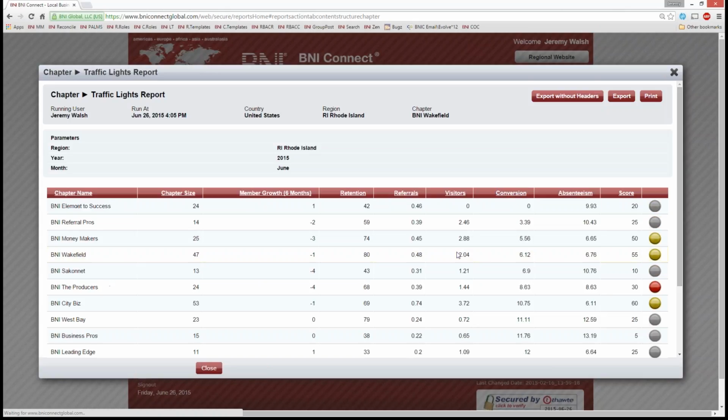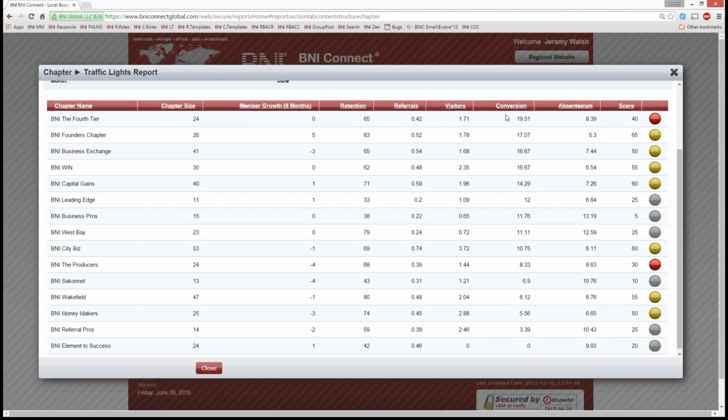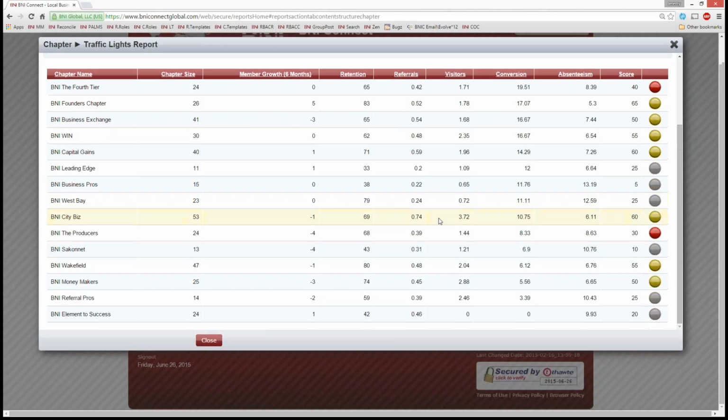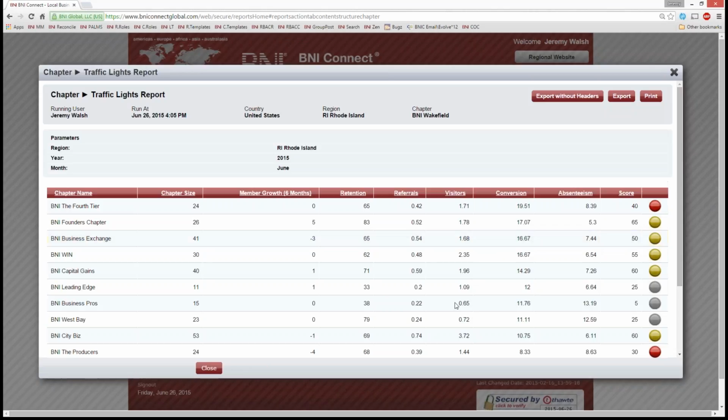The conversion ratio is essentially the number of visitors in your chapter divided by the member growth, so the number of new members during that time period. That will give you your yearly conversion ratio here in BNI Connect.